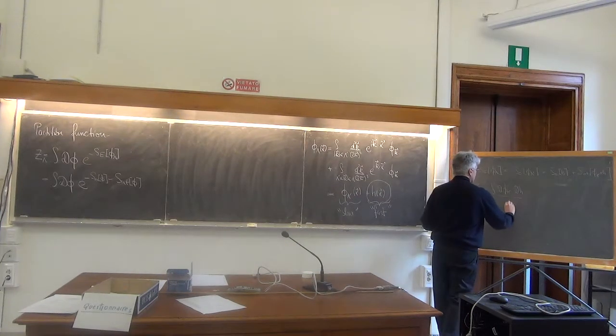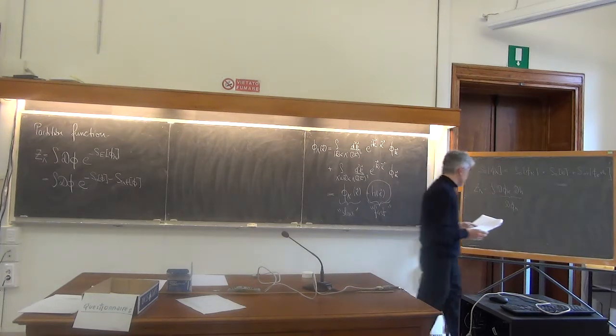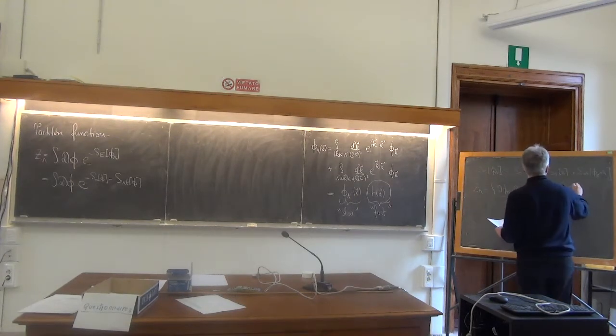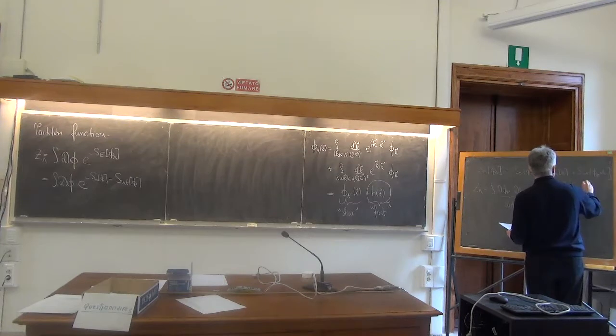This will be the same as the integral over all the modes by construction. And then here I will have e to the minus S naught of phi lambda prime minus S naught of H minus S int.